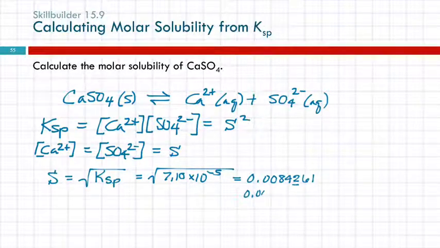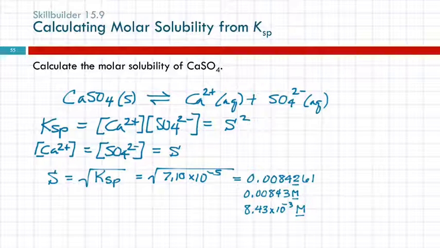So 0.00843 molar, or you could put that in scientific notation, 8.43 times 10 to the minus 3rd molar. Calcium sulfate is not very soluble. Any questions?